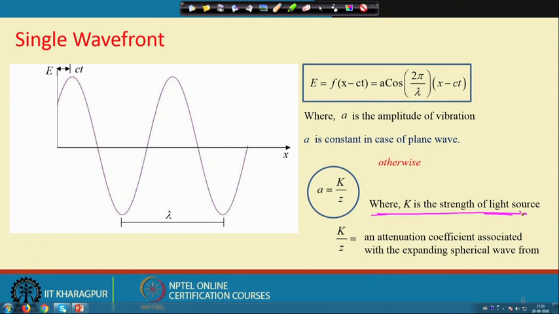In case of a plane wave it is a constant, and k by x will be the attenuation coefficient, which depends on x. Here k is from the light source. Now, this is essentially nothing but a simple harmonic wave for us.